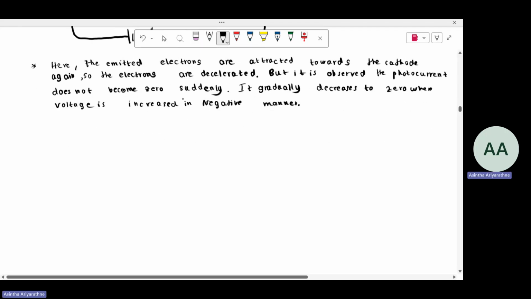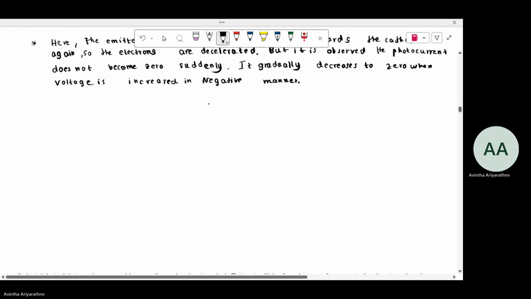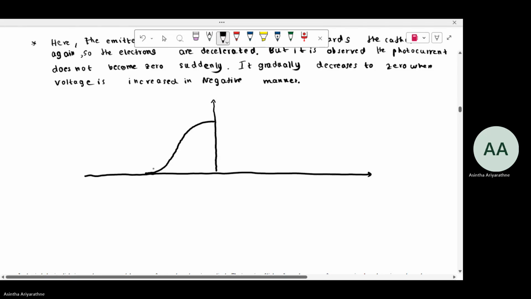It decreases, but does not suddenly come to zero; it gradually comes to zero.